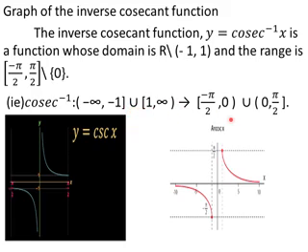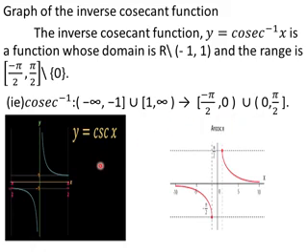And you see the range here. Instead of writing the range like this, you can write it as the closed interval minus pi by 2 comma pi by 2 difference the singleton 0, because here we have all the values in between minus pi by 2 and pi by 2 except 0.